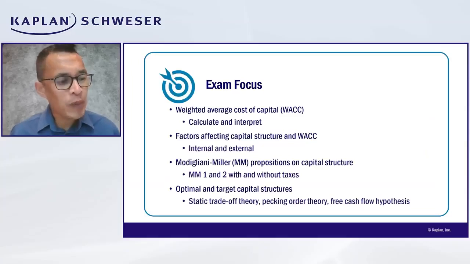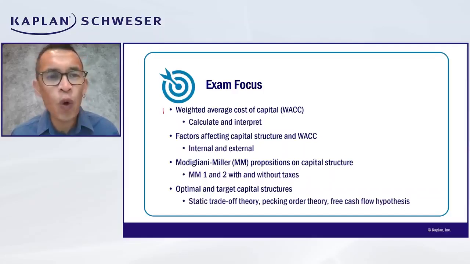For study purposes, there are 4 key areas that you need to master in this section in order to succeed on the exam. So we'll start off with the first one, which there's already been quite a bit of allusion to: the fundamental goal in determining the optimal capital structure, which is, of course, to minimize the firm's weighted average cost of capital.